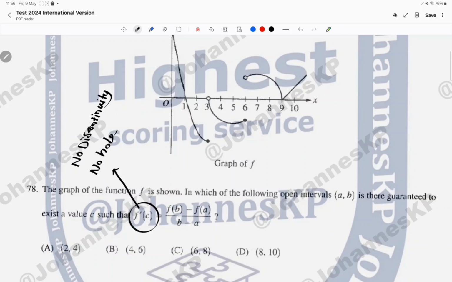From 2 to 4, is there a hole? Yes, there is. And there's also a jump, right? From 4 to 6, is there a hole? No, but look, it's an open interval. I don't include the 6. So we choose it. Good.